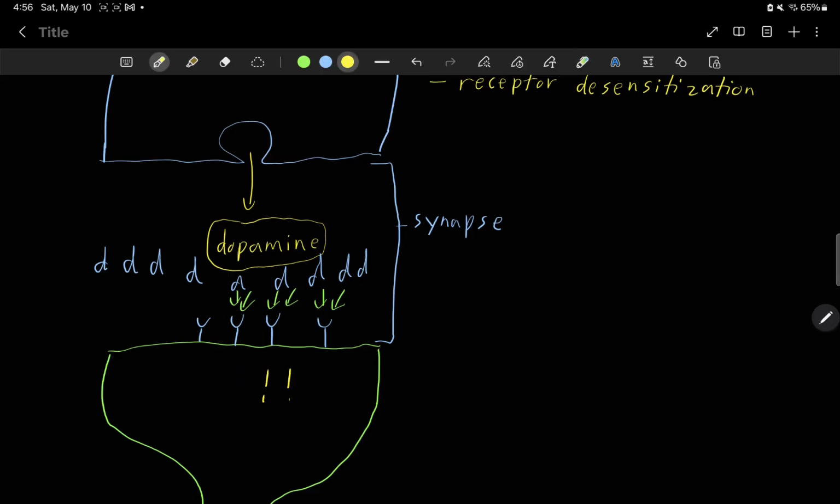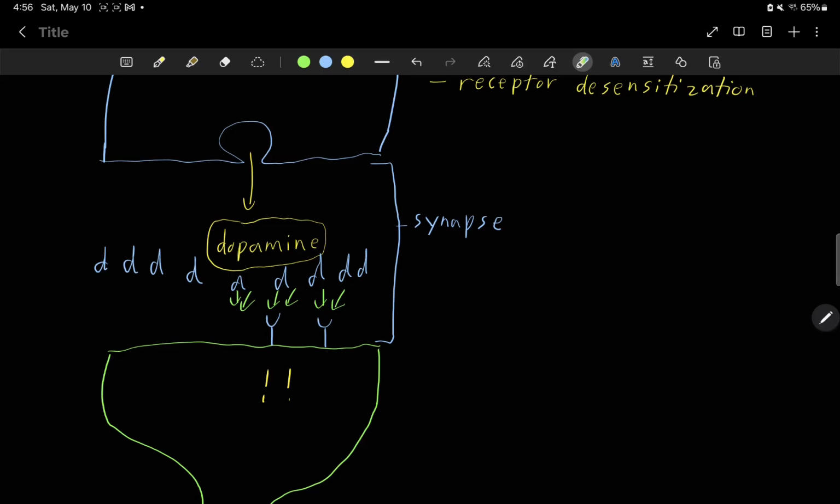Only, let's say, half the response can be produced. Just to reiterate: when you have an excess of messenger molecules like dopamine, they can excessively bind onto your receptors. So by desensitizing or inactivating some of these receptors, you now have fewer receptors for your dopamine to bind onto, and therefore you can produce less response.